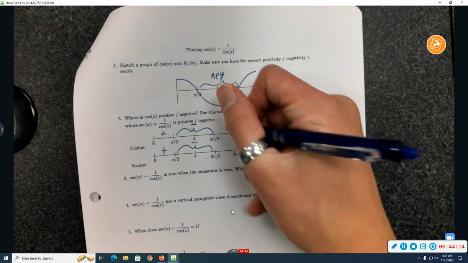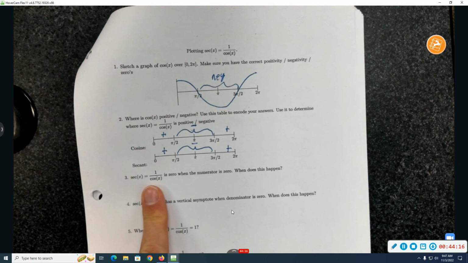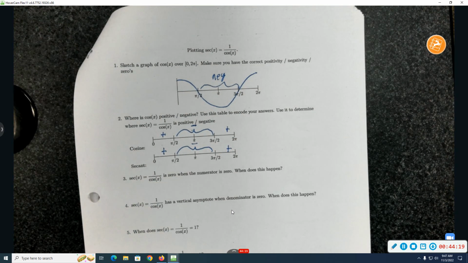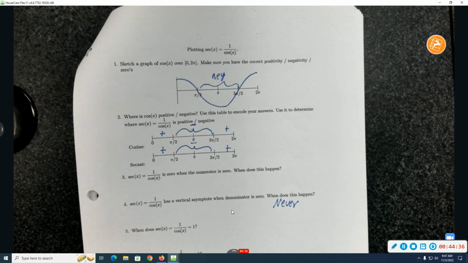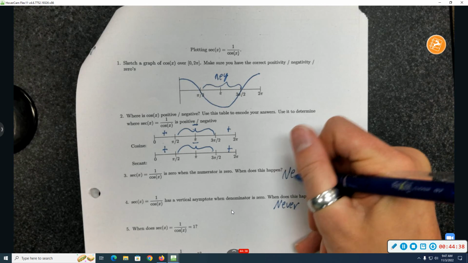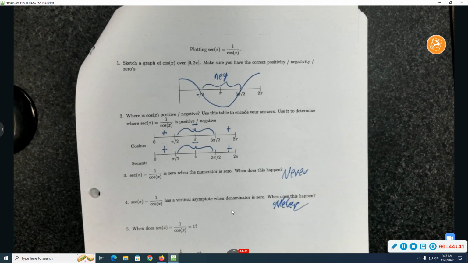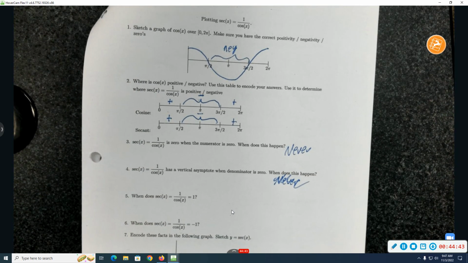Nice. All right. Now let's do the intercepts and asymptotes thing. Secant is equal to 1 over cosine. It is 0 when the numerator is 0. When is the numerator of that fraction 0? It's not, it's 1. This fraction has a vertical asymptote when the denominator is 0.